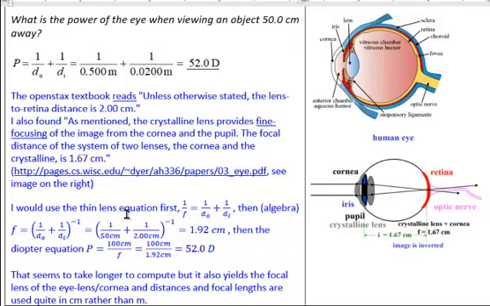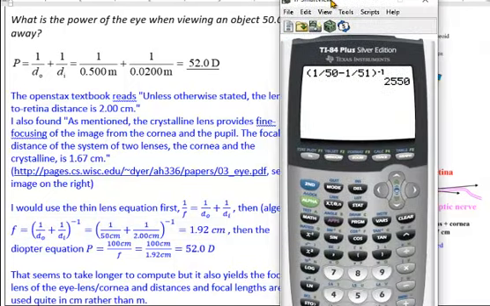Then, as I said, I'm using the thin lens equation. So 1 over f equals 1 over dO plus 1 over di. Then by the algebra, and I showed this earlier, as you're solving for f, you just take the reciprocal, so the -1 shows up there, and then you put the object distance 50 and the image distance 2.00 in there, and then you should come up with the 1.92.